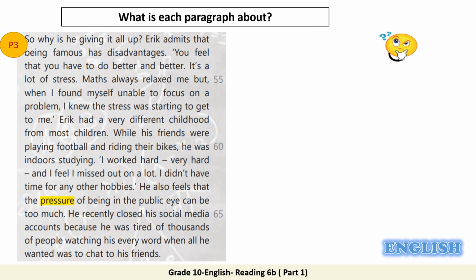Moving on to paragraph 3, pause, read through the text in order to understand what it is talking about. And the answer is, the disadvantages of Eric's success. Now, let's move on.